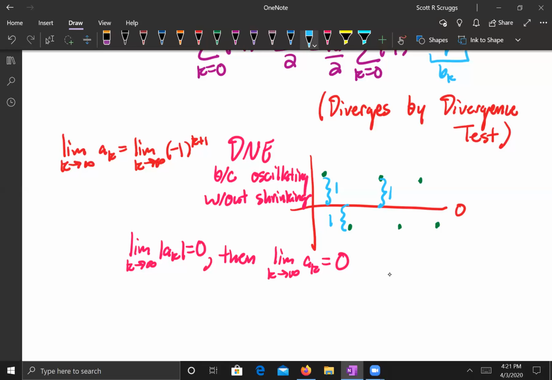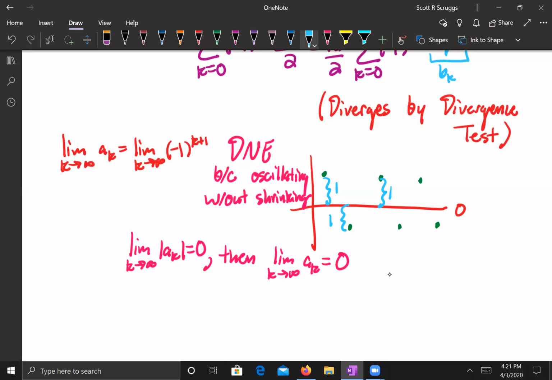So that's the main key part here: in my sequence, negative 1 to the k plus 1, I'm not getting smaller and smaller every time I'm oscillating. It's still a fixed distance of 1 from the x-axis. So that's the main reason why the limit does not exist.